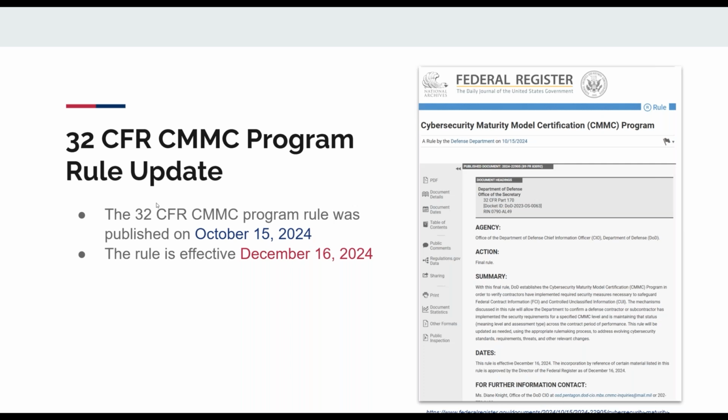Now, having said that, it's up to the discretion of the primes or different suppliers. They could say, we require this to do business with our company. Right now, they could say, well, CMMC, as of December, you can go and get a certification. You can go and get a cert from an authorized C3PAO.